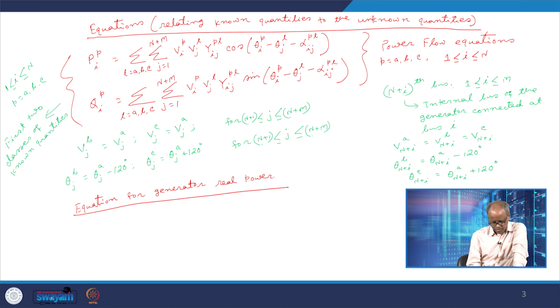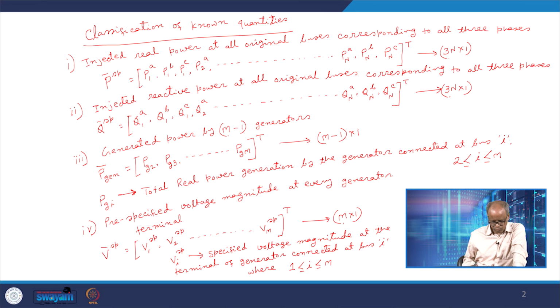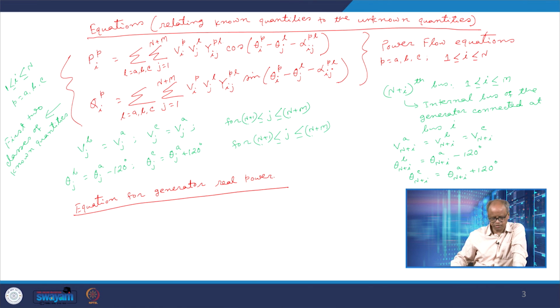So, if I say that my PGI, now what would be my PGI? So, we have to write down the expression of PGI. What would be PGI? We said that PGI is the generated real power by the generator located at bus I.